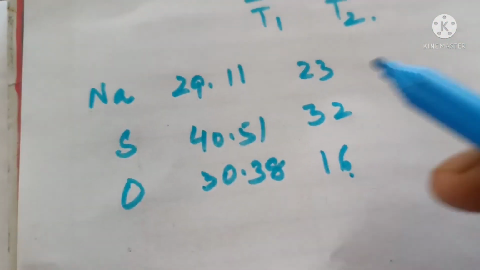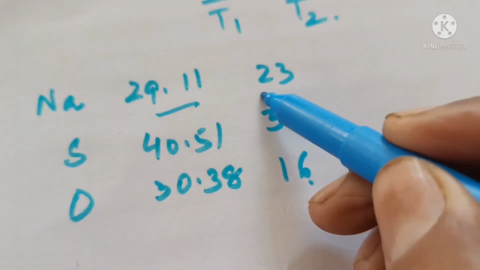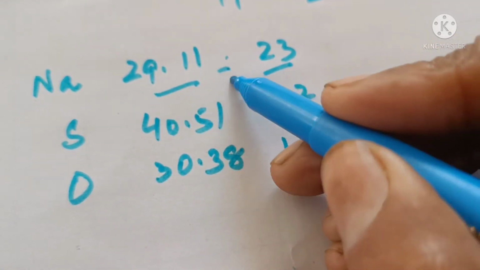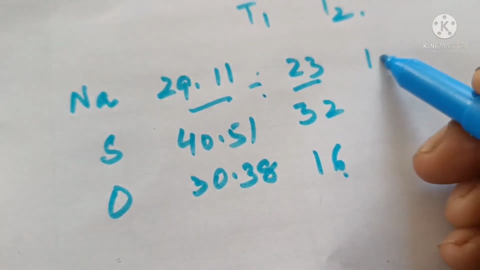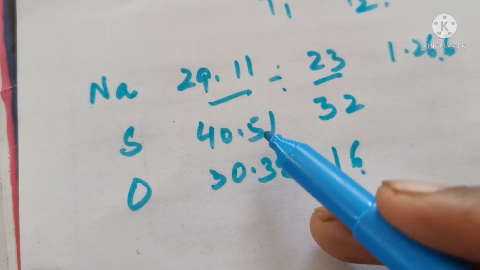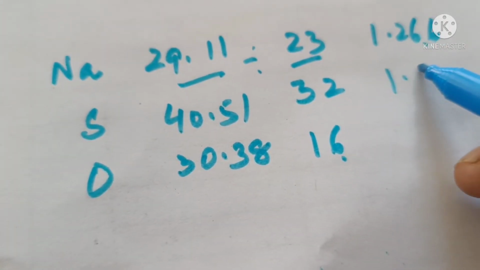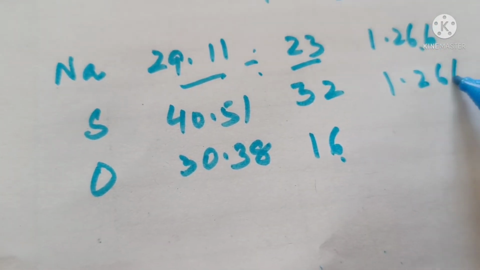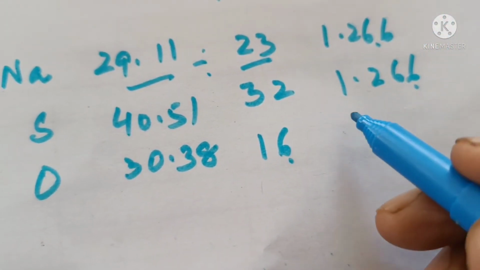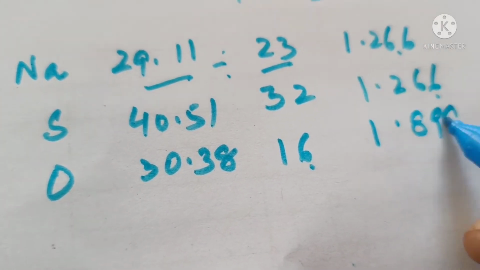To find the relative atomic ratio, we divide the mass by the atomic mass. So 29.11 divided by 23 gives 1.266. 40.51 divided by 32 gives again approximately 1.266, and oxygen 30.38 divided by 16 is 1.899.